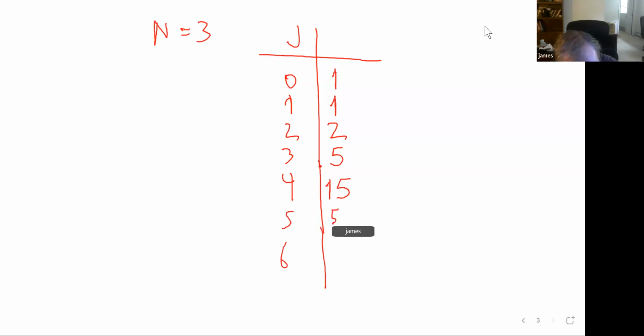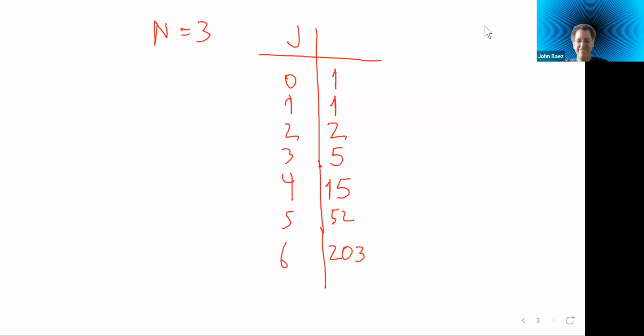Is it 52? The only one I think I remember is somewhere in there. There's a 203, because I had never run across the number 203 before, so it was easy to remember. I remember 52 because of some weird thing about cards. You actually remember that it's a Bell number? I think there's a card trick that involves the Bell number.